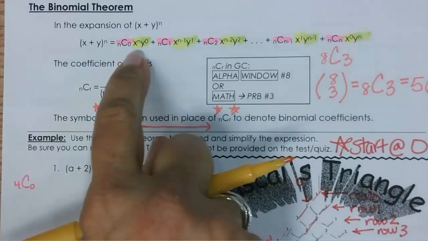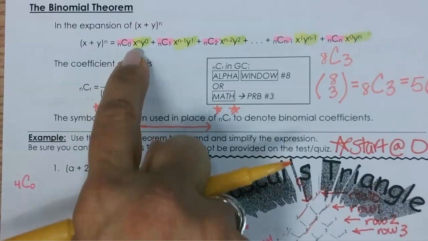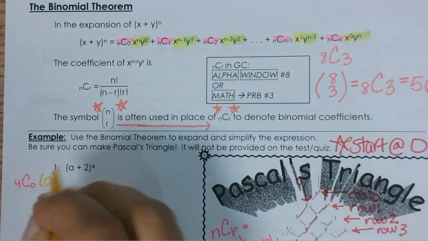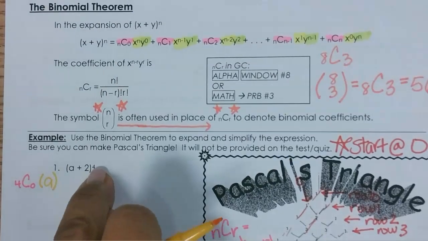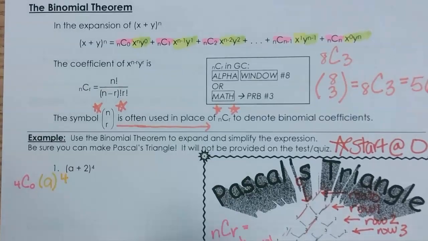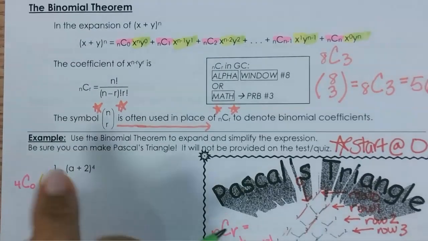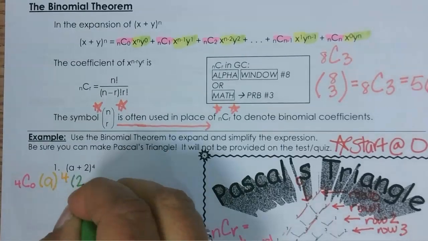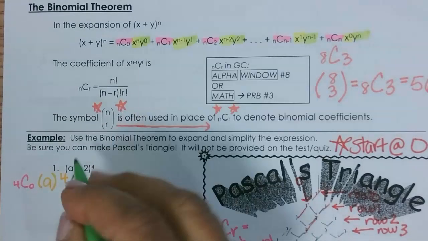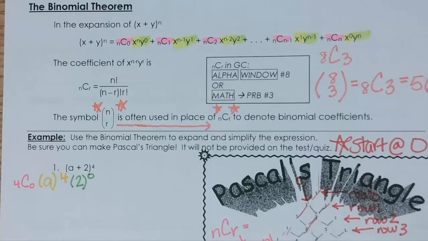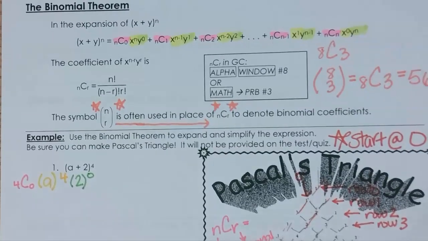Then I need to take the first term, which is a, and raise it to the given power, the 4th power. And then I need to take the second term, b, and I'm going to raise that to the 0th power. And that's how we're going to set up each of those terms.